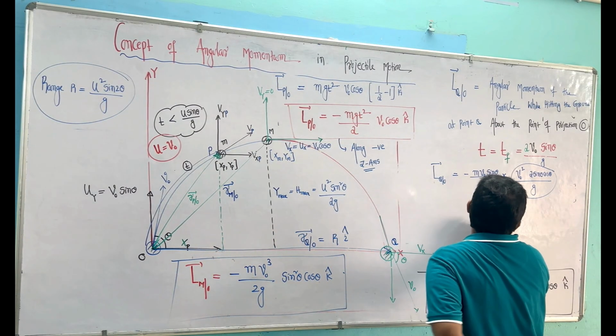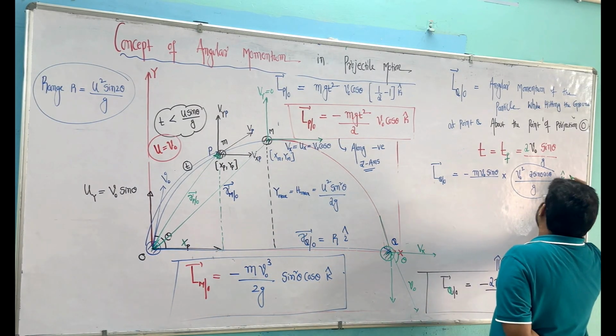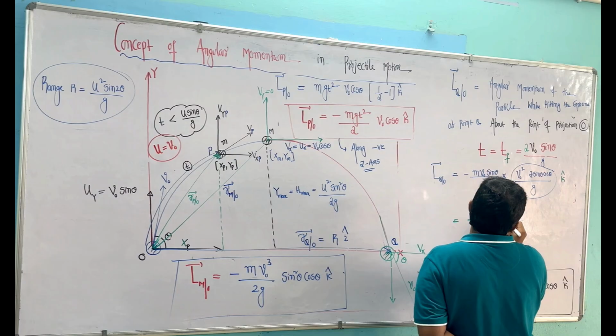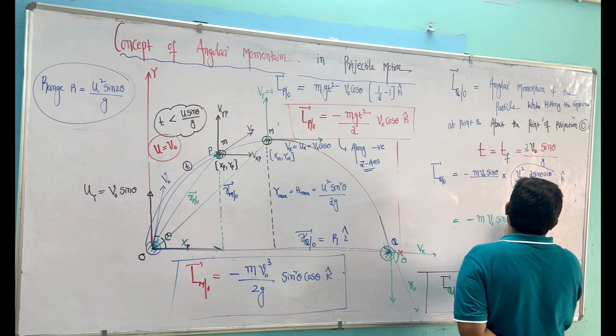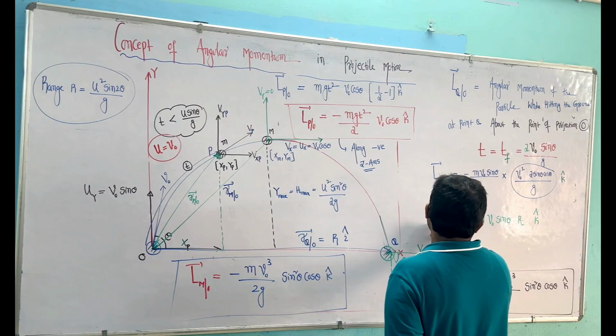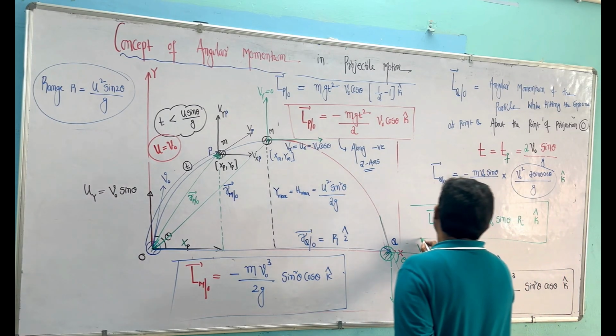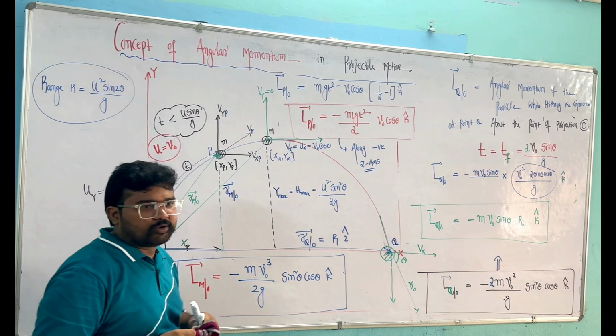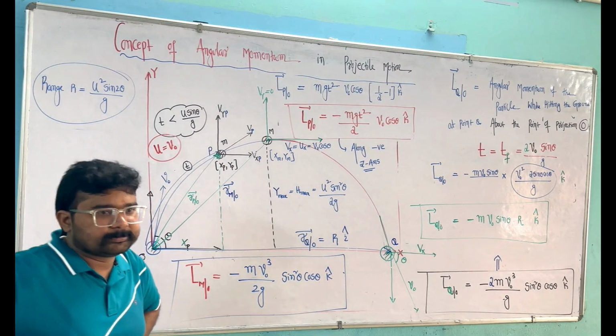Then this is K cap, along K cap minus m into V naught sin theta into this, can be written as range, K cap. That is the L at point Q about point O.